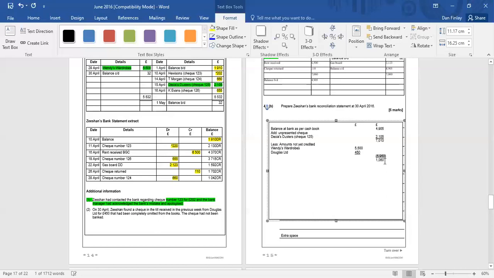Okay, so now we've got that. It doesn't match the balance yet. It should be 1,042 in the bank statement, but that's because we still need to fix the banking error. So we say banking error, which was number 123, and the bank has put it in as 220, sorry.